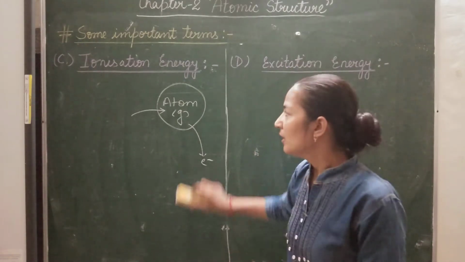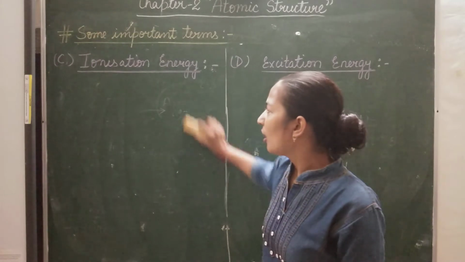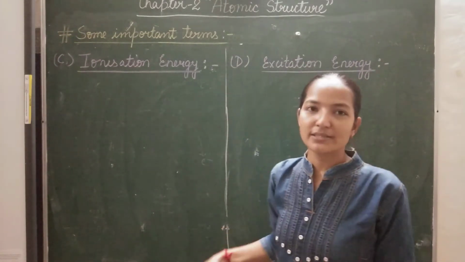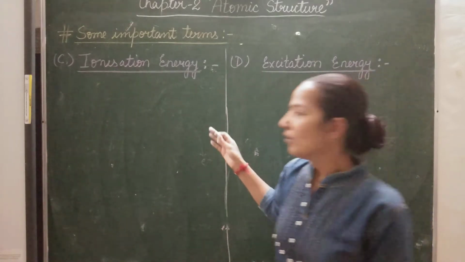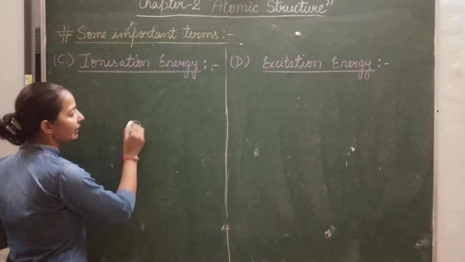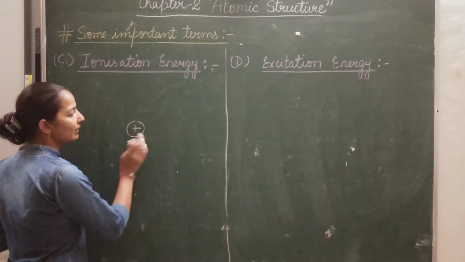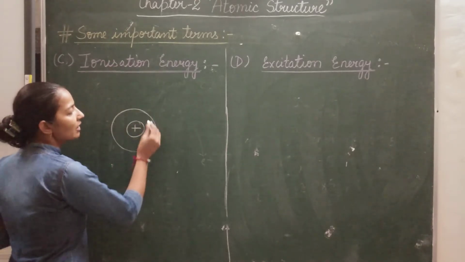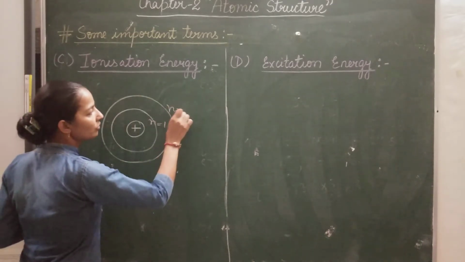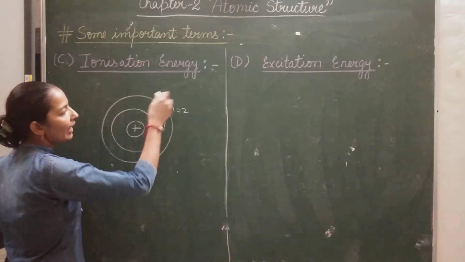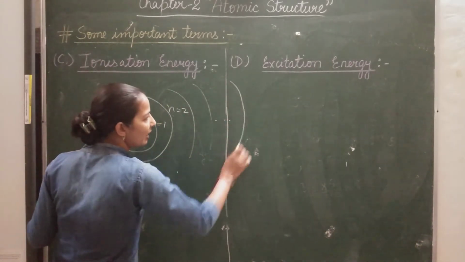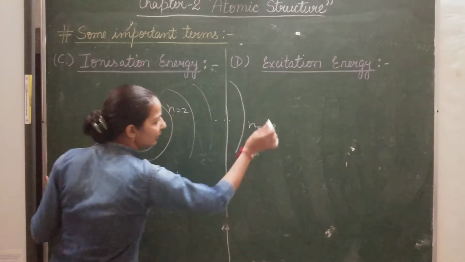One more thing, we can also define the ionization energy in one more way. Suppose this is an atom, here is the positive charge or the nucleus. This is n is equal to 1, n is equal to 2, and continuing n is equal to 3, 4, 5, till n is equal to infinity.